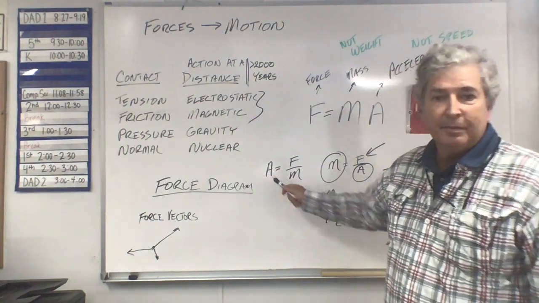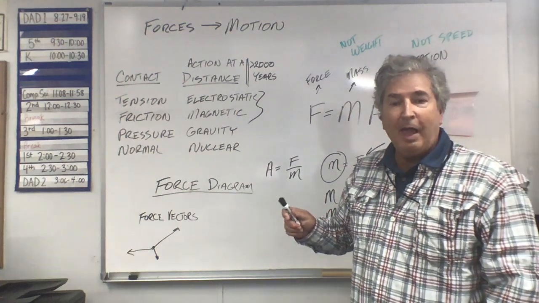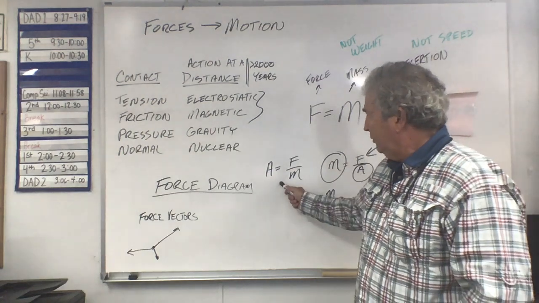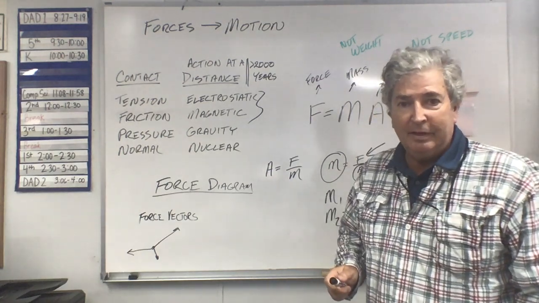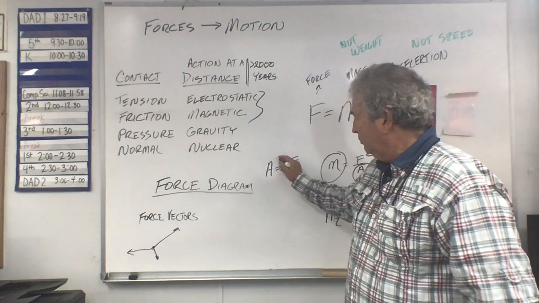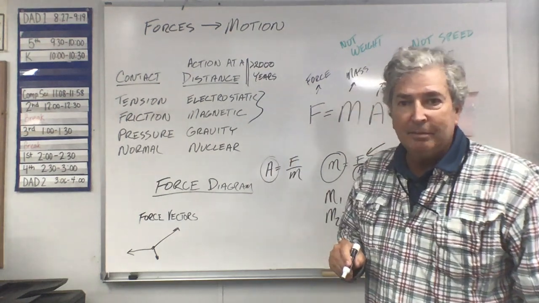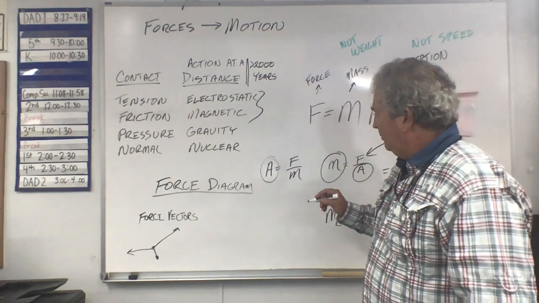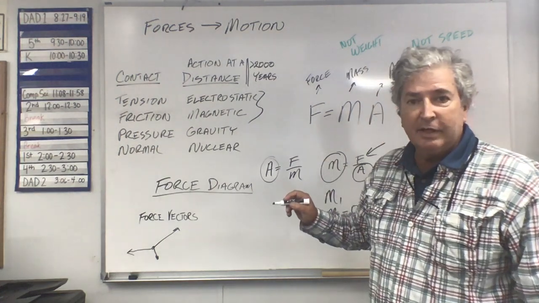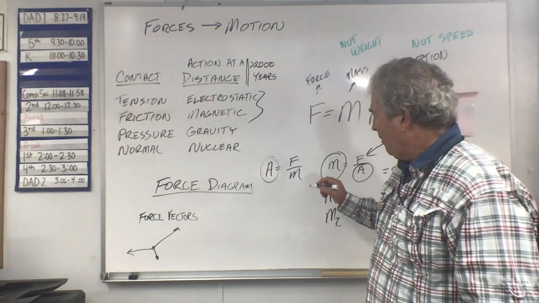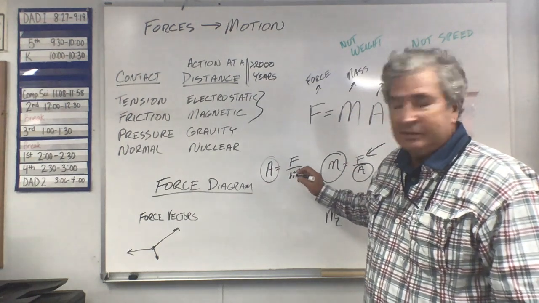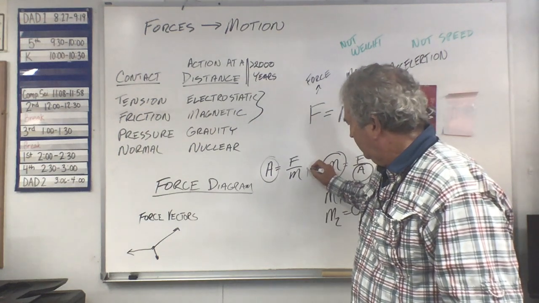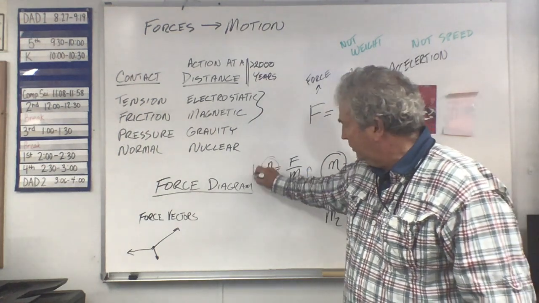Now, if we want to know how a vehicle will accelerate, we can rearrange the formula like this. Here we want to know about how fast it will accelerate. Well, we have two factors to take into consideration. If the mass is heavier, then the acceleration will go down.